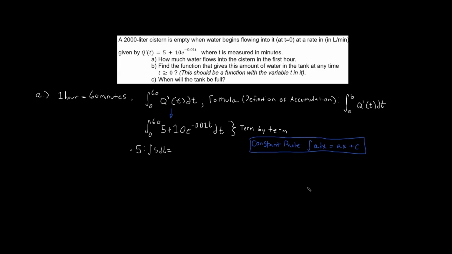Because if you write out the constant rule for derivatives and then next to it the constant rule for integrals, it might be easier to understand the relationship between the integral and the derivative. Now, applying the constant rule for integration, we'll find that the integral of 5 is going to be 5t. Now let's see how we can take the integral of 10e raised to the power of negative 0.01 t.